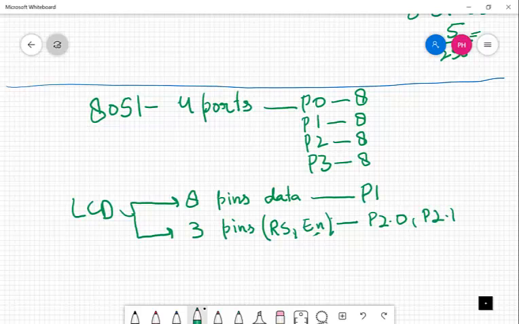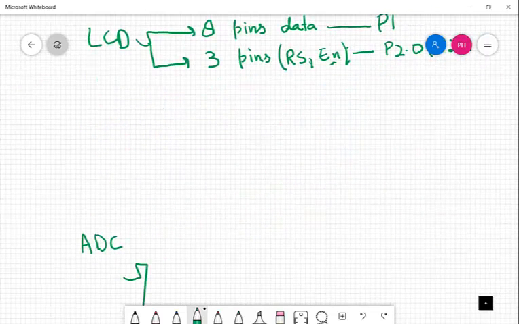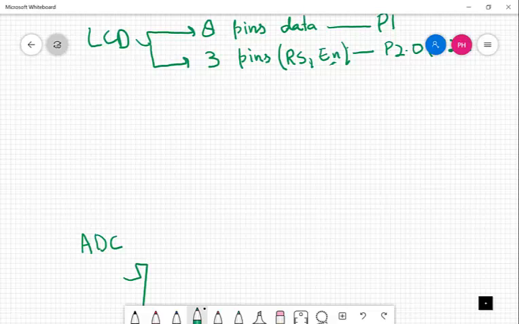Then we have our ADC, and for the ADC we also need 8 data pins.